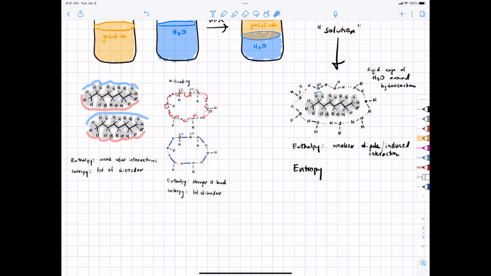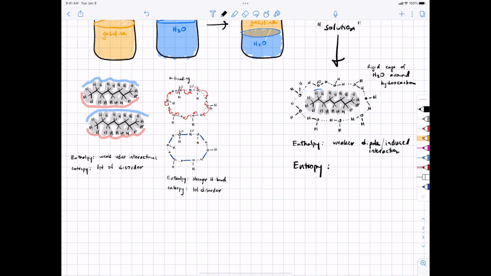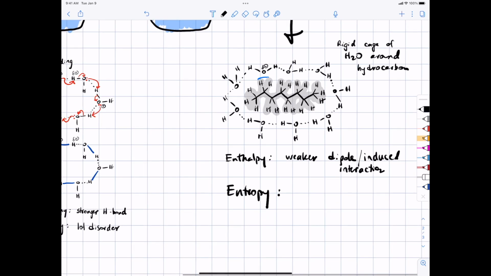Entropy is lower, disorder is lower, they are not moving as quickly. Remember, entropy or disorder is related to how many ways a system can be, and if molecules aren't moving very fast, there's fewer ways it can be. There's less disorder. So you've got this rigid ice-like cage of water molecules surrounding the hydrocarbon, and so we're going to say lower entropy.